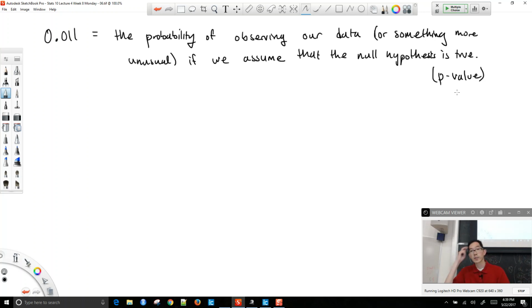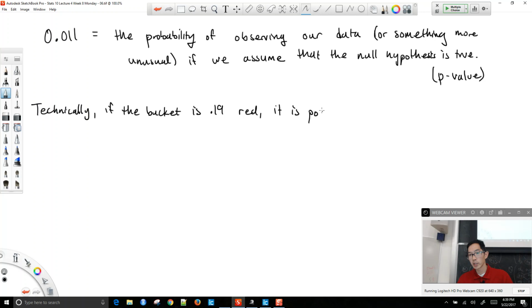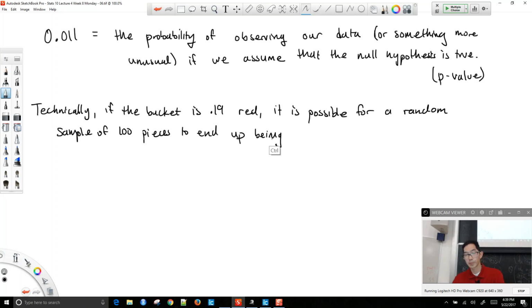And so what this says is that, technically, if the bucket is truly 19% red, then yes, it is possible for a random sample of 100 pieces to end up being 31% red or more.